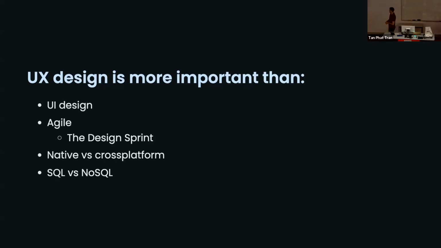So I think UX design is more important than things like UI design. Making sure the colors and the fonts match is nice, but maybe you should spend 10-20% of the time on that, and more of your design effort on how it works for the UX design.